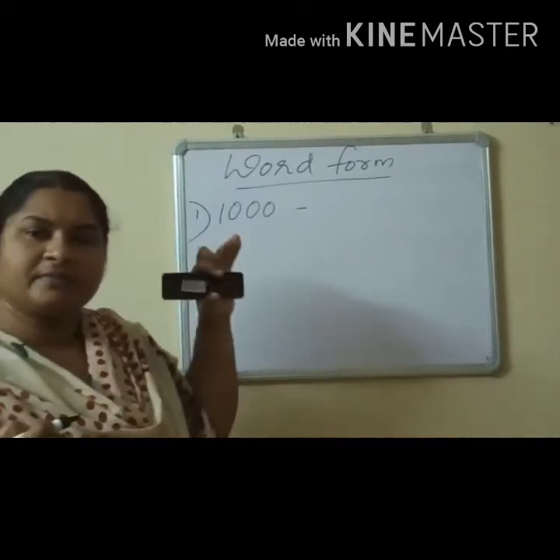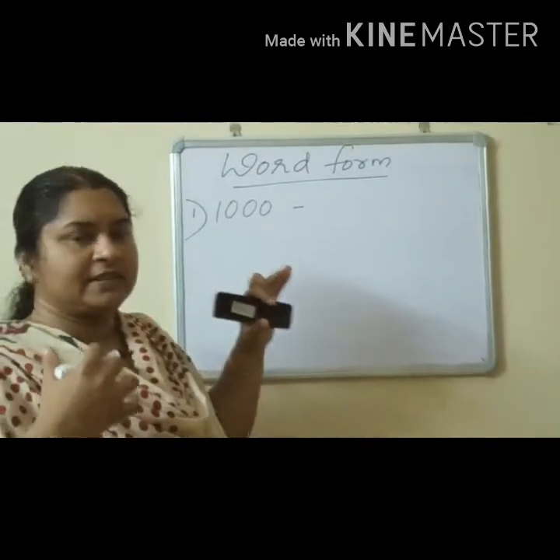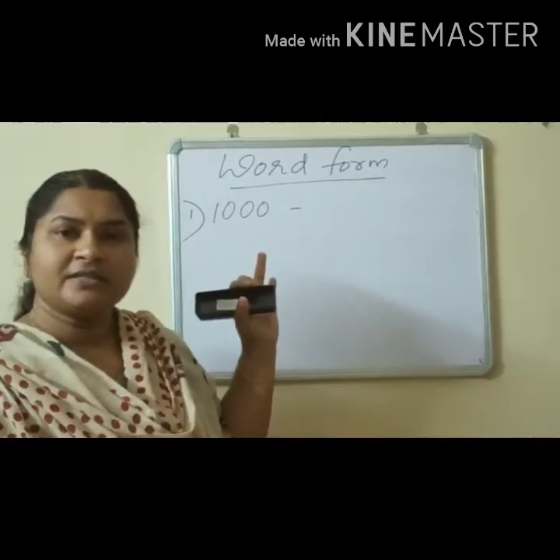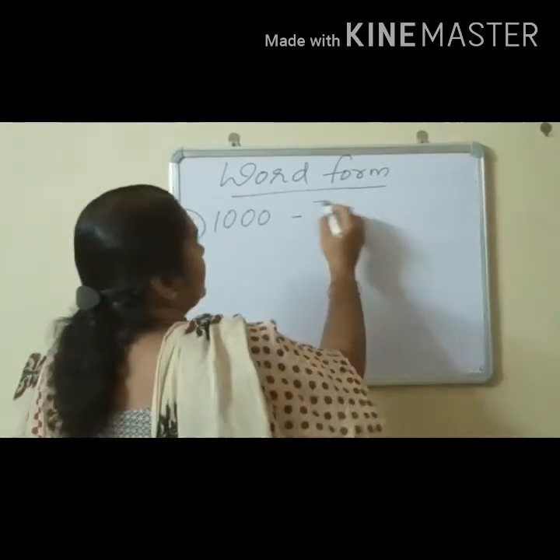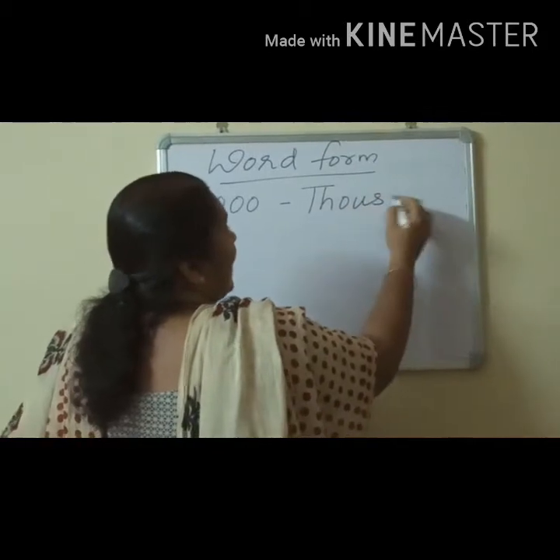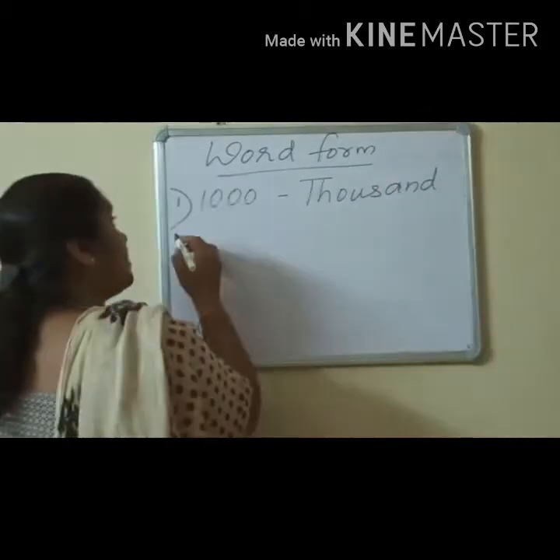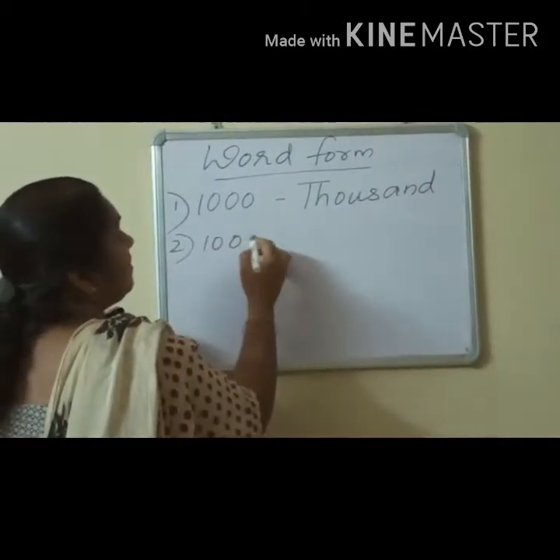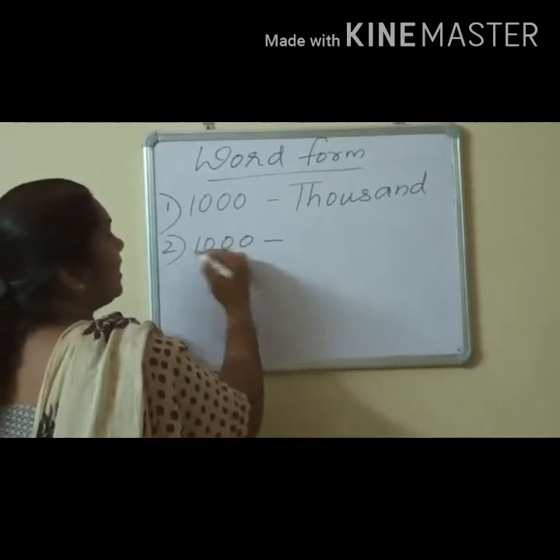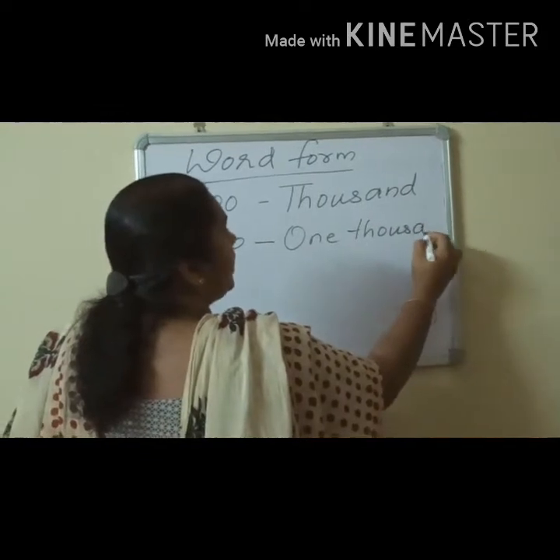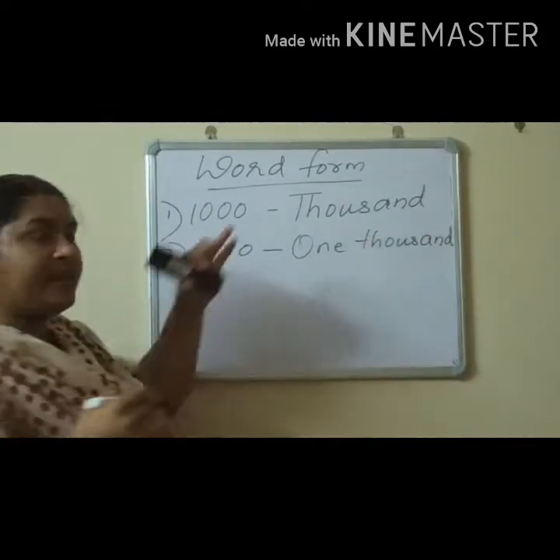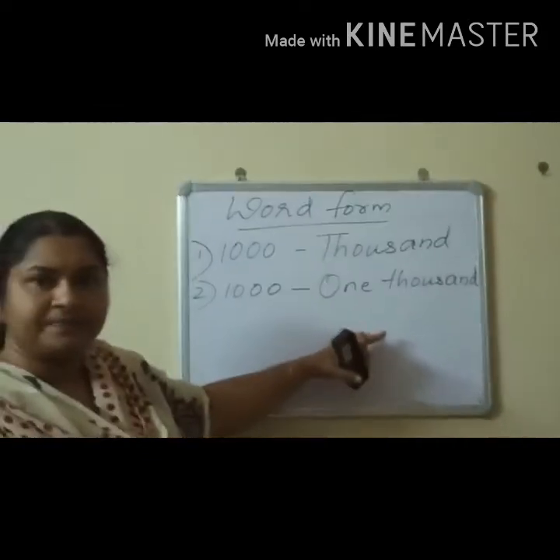What is this? First you read, then we can write. What is this? 1000. Yes, it is 1000. This can be written as 1,000 also. The same number we can read as 1000 also. You are free to write either in this way or in this way.